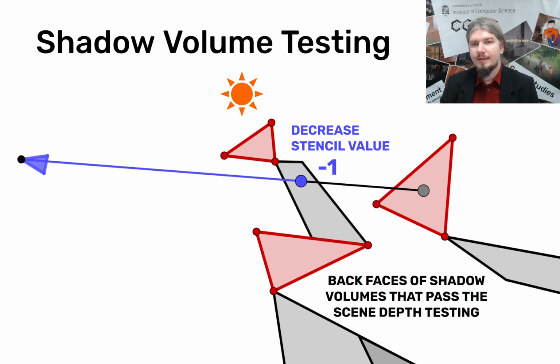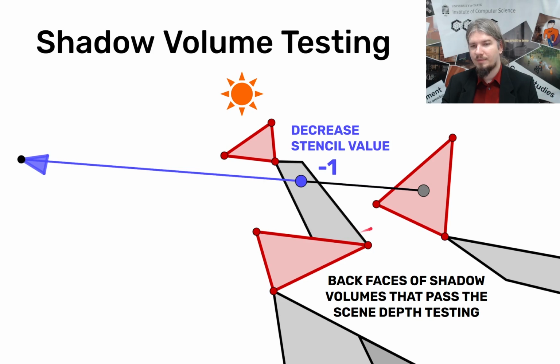So how do we write in the stencil buffer with shadow volumes? First, we render the back faces of the shadow volumes, and we change the stencil value only when the scene depth for those back faces has passed. Those back faces of the shadow volumes themselves don't write to the depth buffer, but they use the depth buffer already set by the scene geometry.